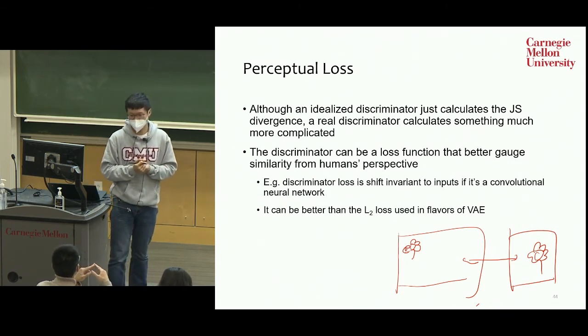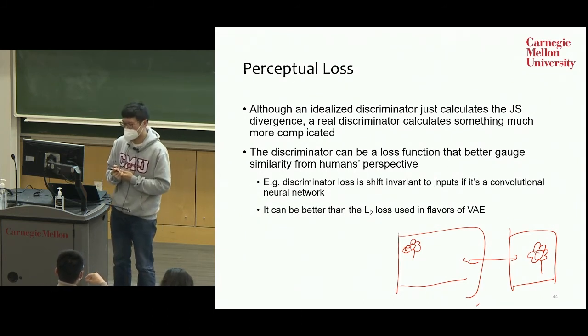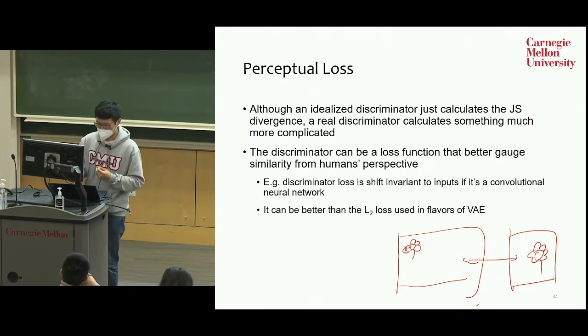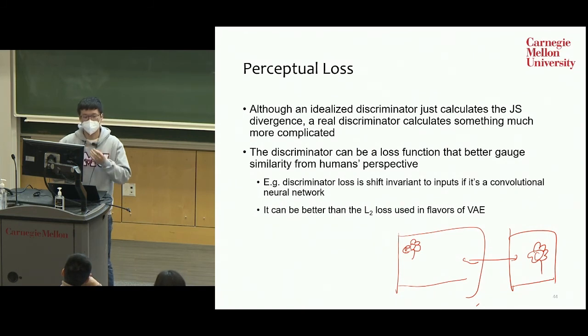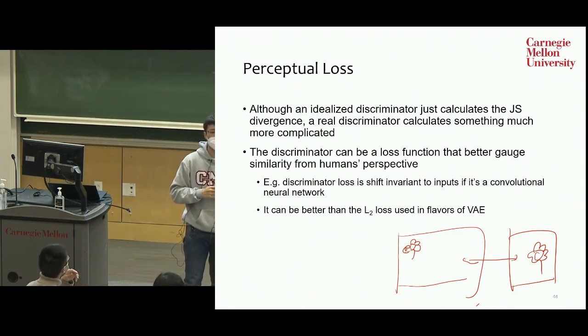So do you mean that we do not have a specific form for the perceptual loss, right? No, we do not have a specific form for the perceptual loss. It's just that the discriminator in practice is better at it. But we are still using the log loss for training, right?